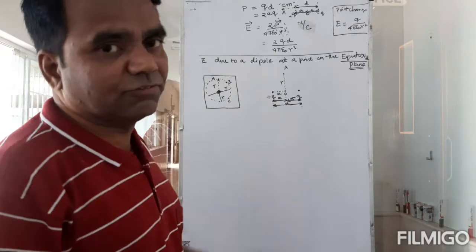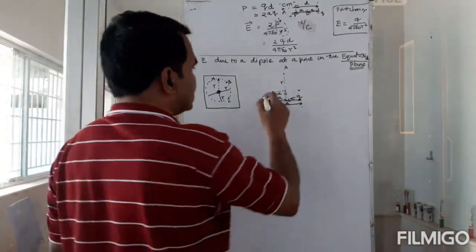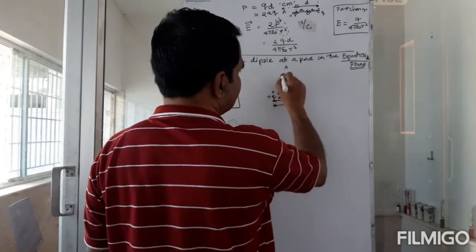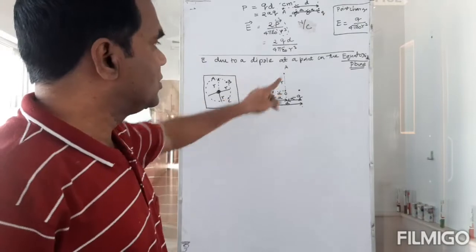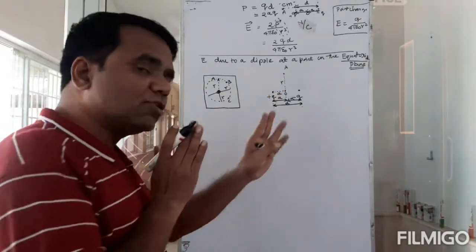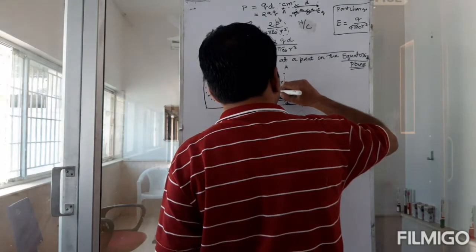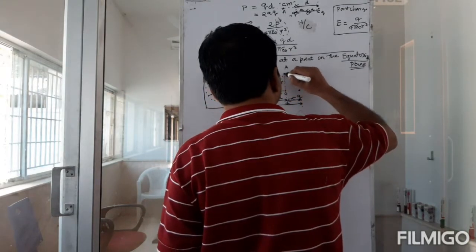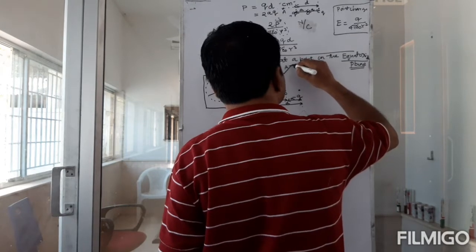What would be the nature of the field? Well, what is this going to do? It's a positive charge, and you are going to bring a unit positive test charge here. So it's positive, this is positive, there's going to be a repulsion, right? So this charge will repel it, like this.